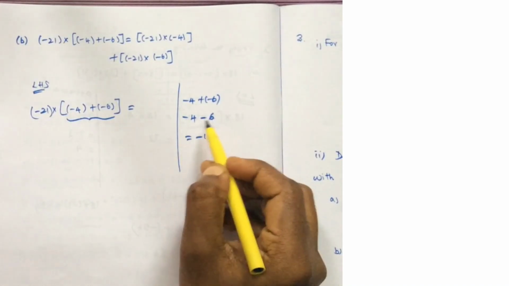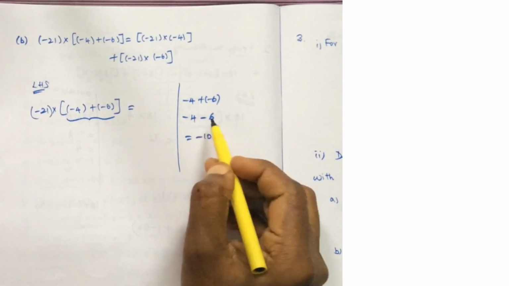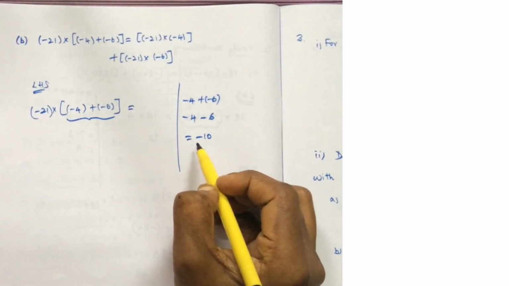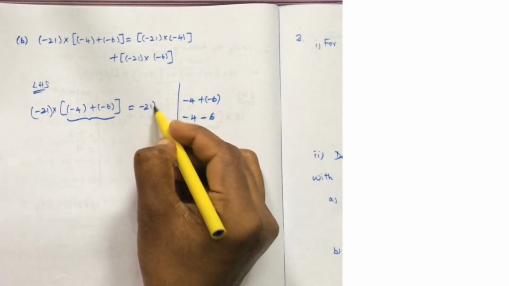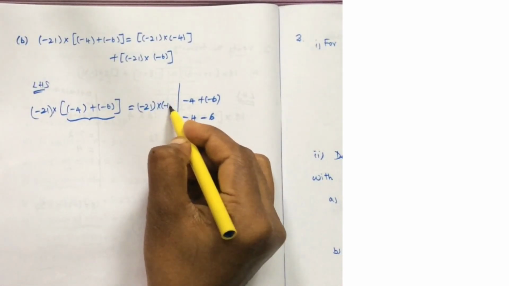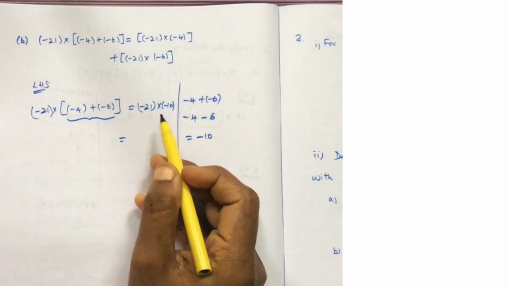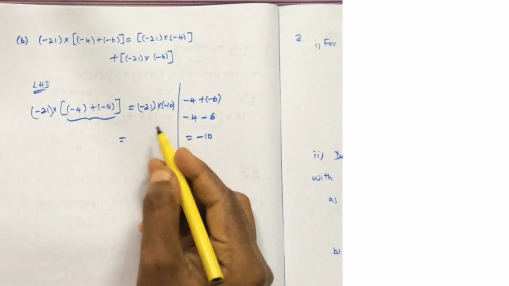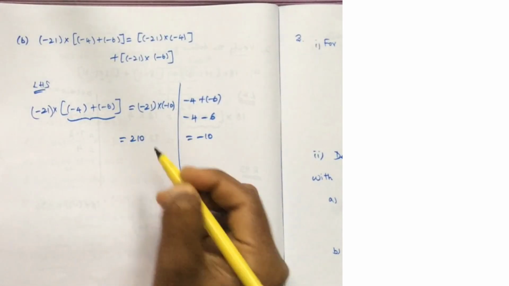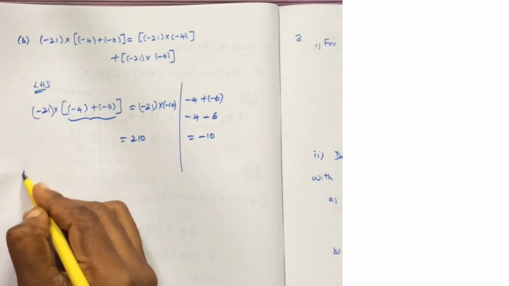When the symbols are same, you have to add, and both are minus, the result is also minus. So it is minus 10. So it is minus 21 multiplied by minus 10. Here this is multiplication. So minus into minus plus, 21 into 10 is 210. Okay, let me go for the right hand side.